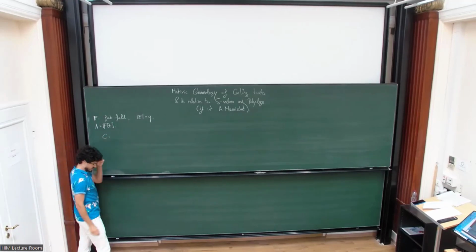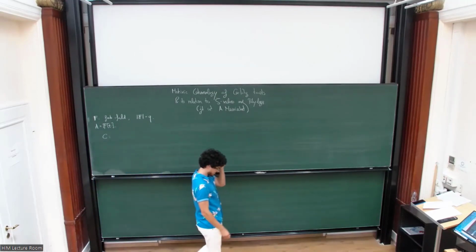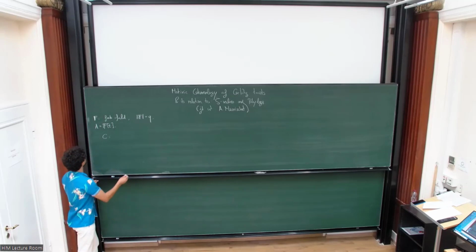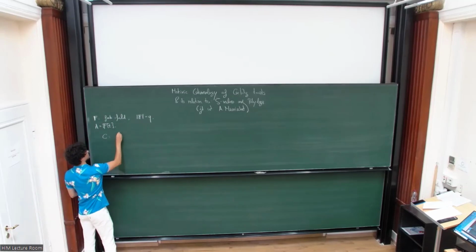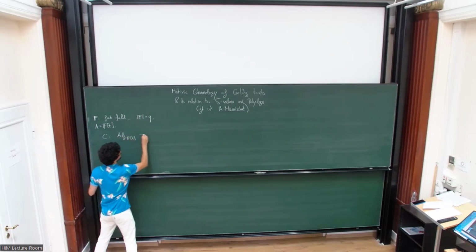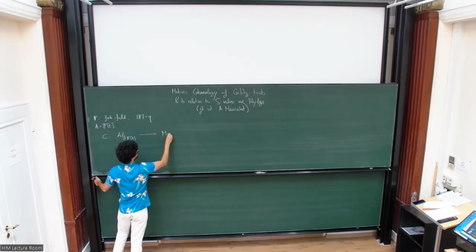G_m is a functor that takes a ring, so a Z-algebra, and lands into Z-modules. It is the same thing here, but with Z replaced with A. So I take an F[T]-algebra, and I land into F[T]-modules.